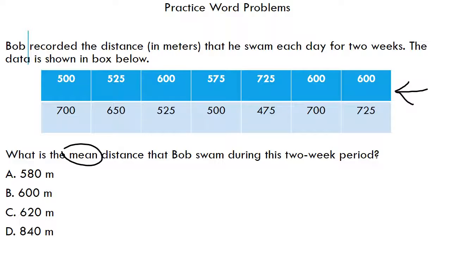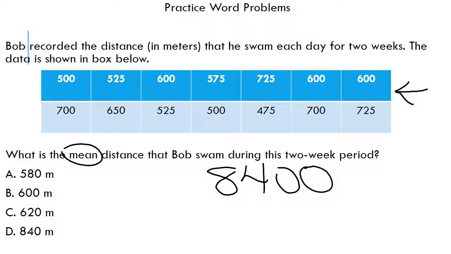I'm going to give you about a minute, maybe a minute and a half, to add up the numbers in the table. Okay, Sarah, what did you get when you added all the numbers together? You got 8,400.